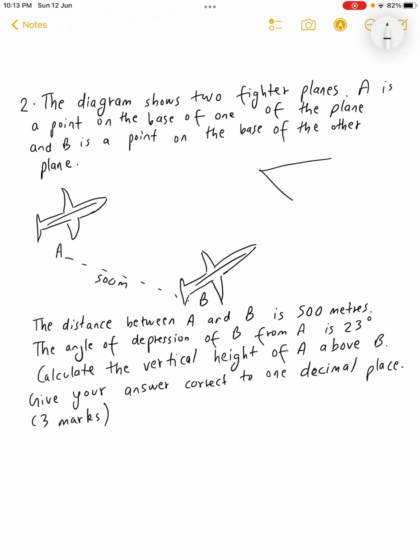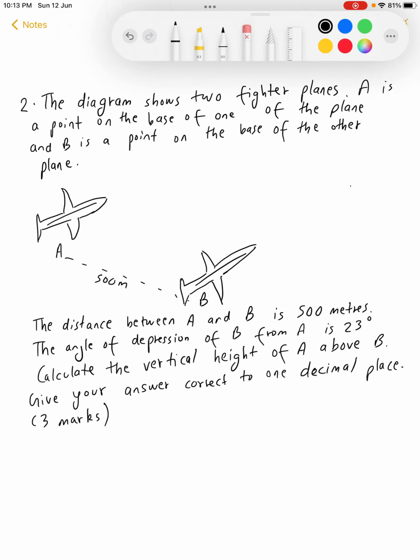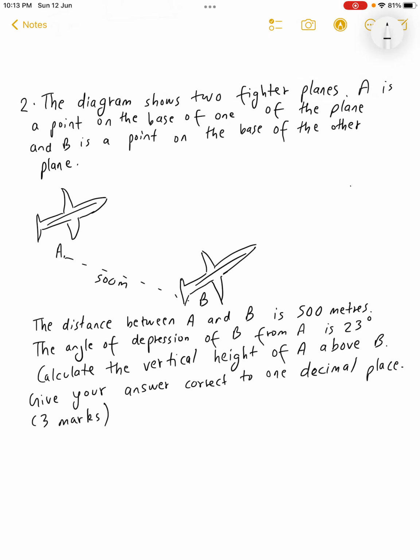Depression always starts from that point onwards, and the angle of elevation starts from the lower point. Since you know these 2 points, all you need to do is draw a straight line horizontally or one line vertically going downwards. So this 23 degrees is your angle of depression.